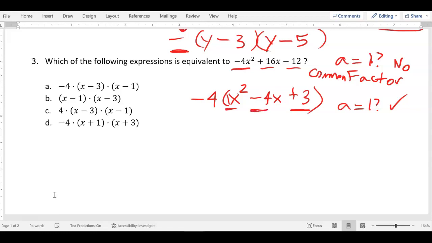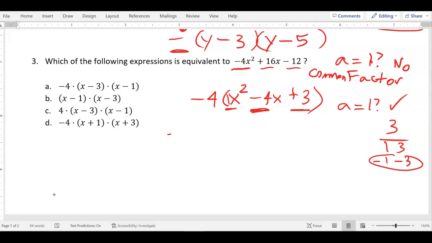Okay. So what are the factors of 3? 1 times 3, negative 1 times negative 3. And which one of those add up together to give you negative 4? Well, it's going to be these two.